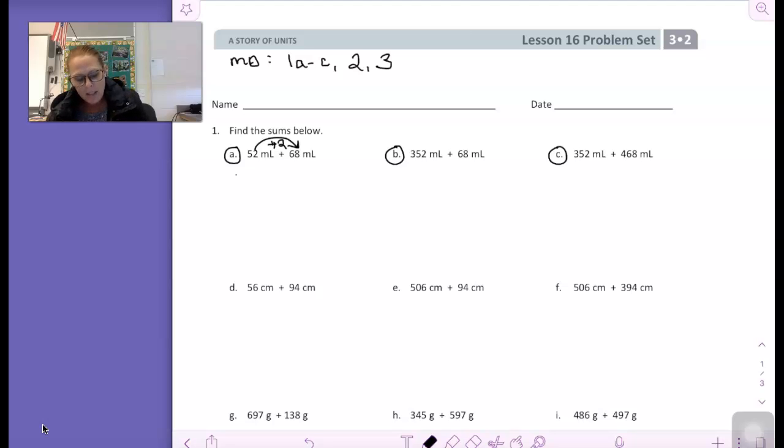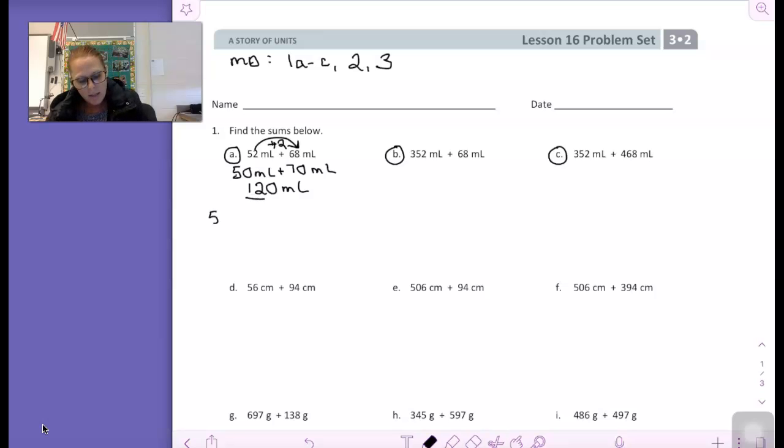And then I would subtract it from 52. So I would have 50 milliliters plus 70 milliliters. And that is equal to 120 milliliters when I do 50 plus 70. 50 or 5 tens plus 7 tens gives me 12 tens.